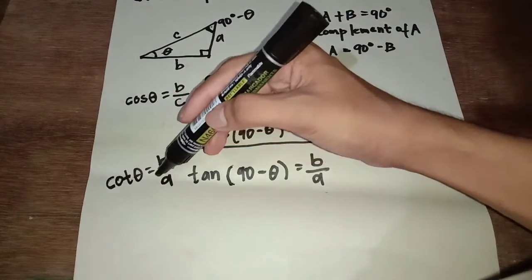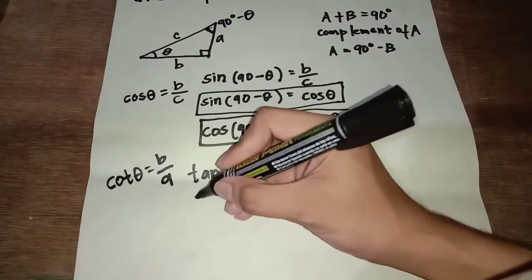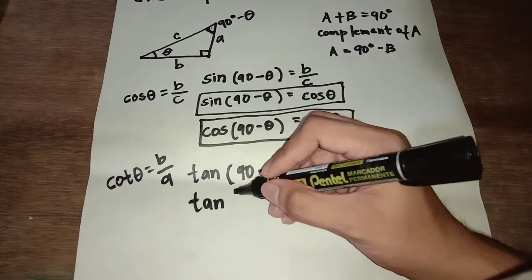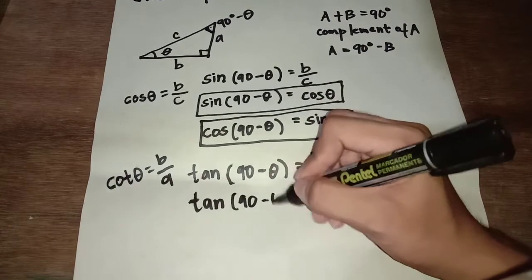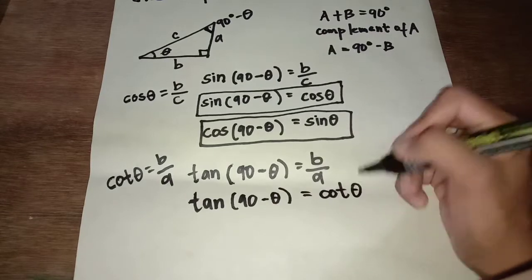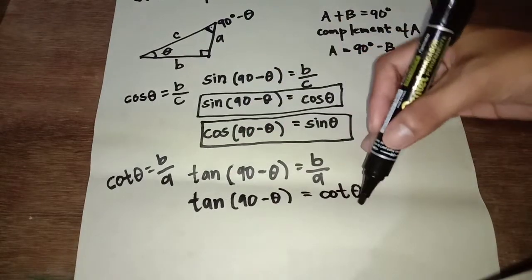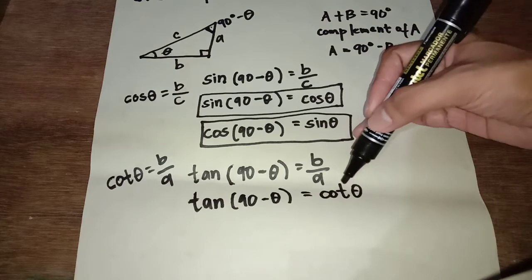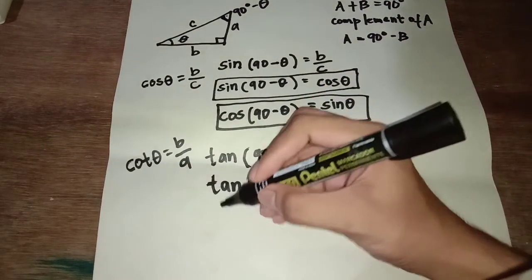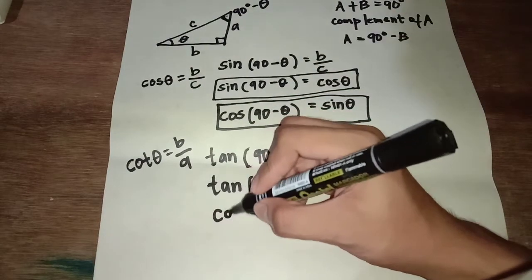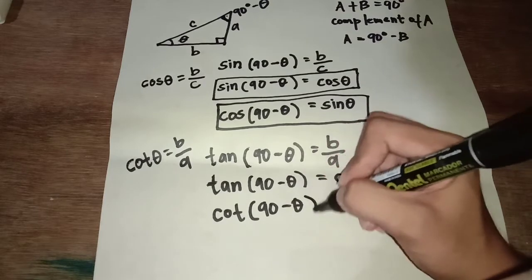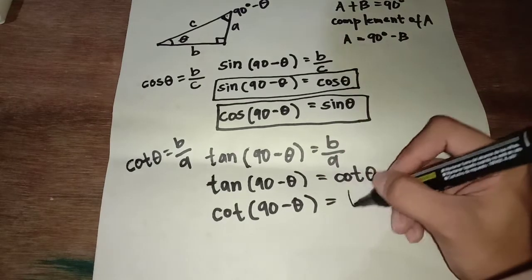So substitute ko to dito. So we can agree that tangent 90 minus theta is equal to cotangent theta. But since tangent and cotangent are cofunctions and complements, therefore cotangent 90 minus theta is equal to tangent theta.